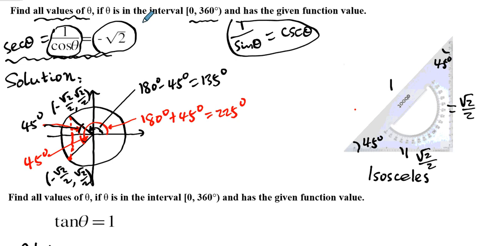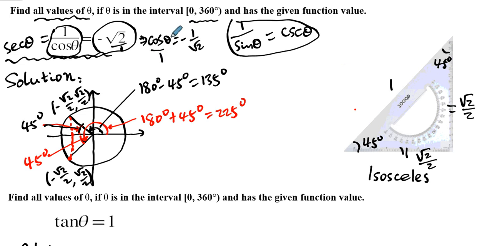Actually, from here you can find that cosine theta is negative 1 over radical 2, because you know there is a 1 downstairs. You flip it, cosine theta goes up, 1 goes down.